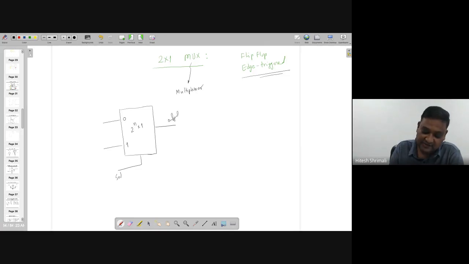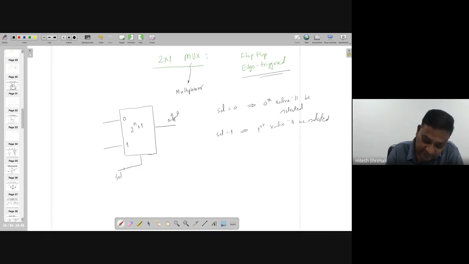What exactly this does is, when select is equal to 0, the 0th value will be selected, right? This is already known to you. And when select is equal to 1, the first value will be selected, right?